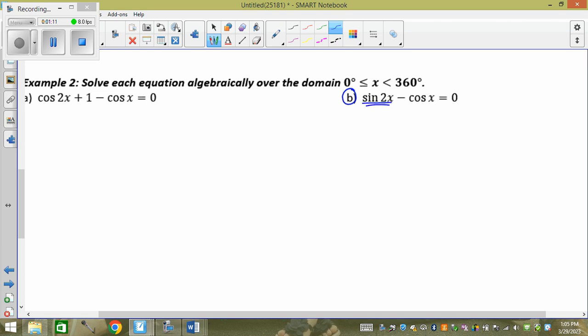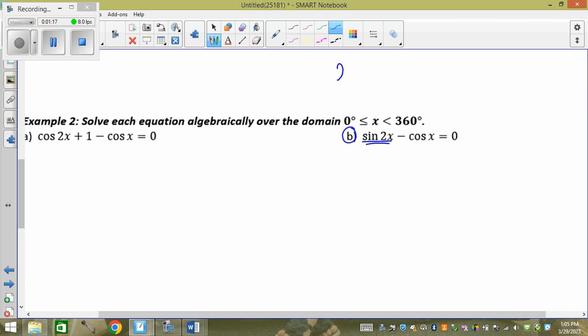Now some people are like, when do I need brackets? When don't I? If this said 2 sine 2x, it's just a side note, don't write this, I would be replacing the sine 2x, so I would get 2 times 2 sine x cos x. So I would need brackets because this 2 would have to multiply in.